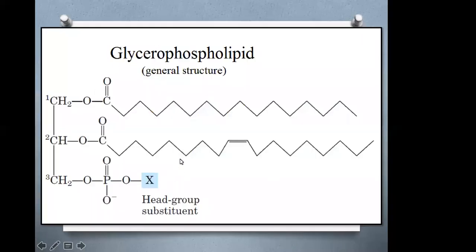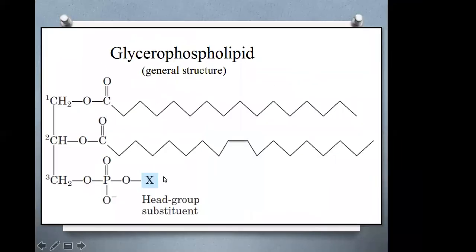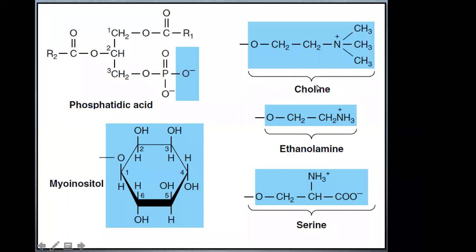This is glycerophospholipid, we have already discussed: 2 fatty acids, phosphatidic acid, and a functional group X. This X may be choline, ethanolamine, serine, or myoinositol. Depending upon these X groups, this glycerophospholipid is divided into either lecithin or cephalin.